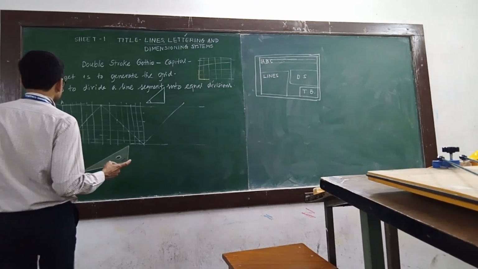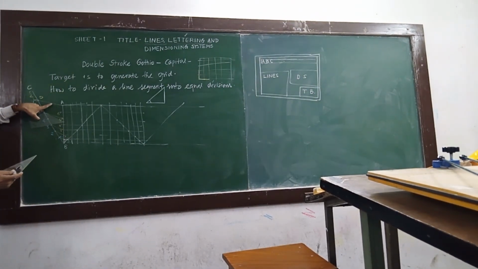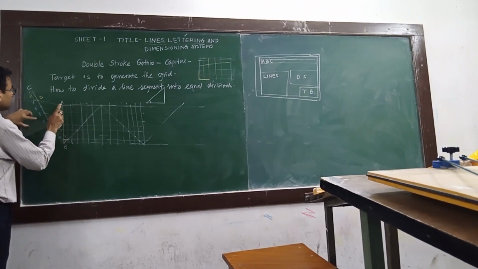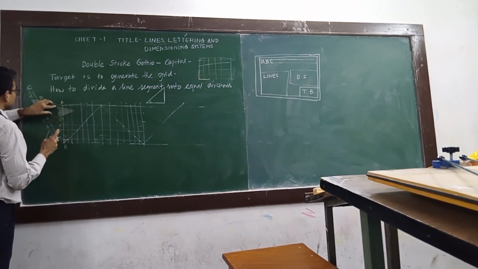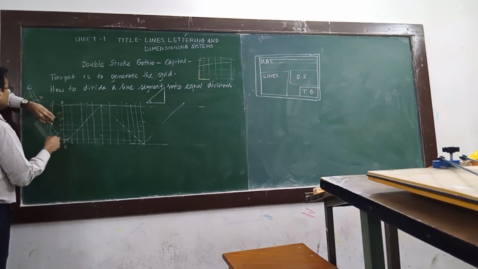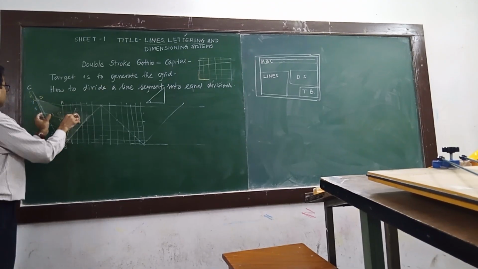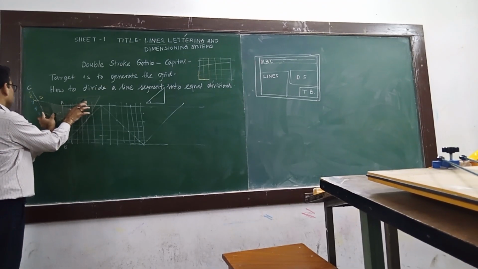So you see that for this, I can easily draw with a set square. Simply I can just align this point and this point here, right? Or you can align this point and this point. Let me do it here. Yes.